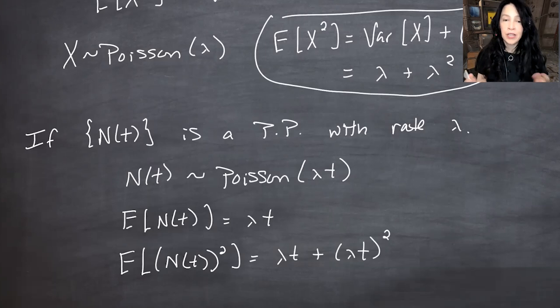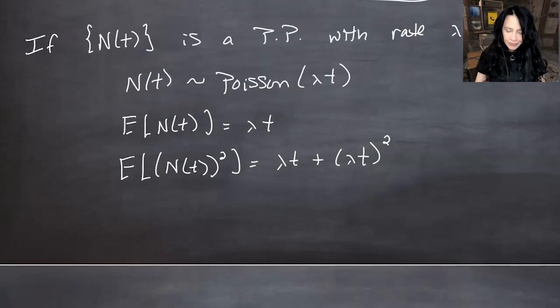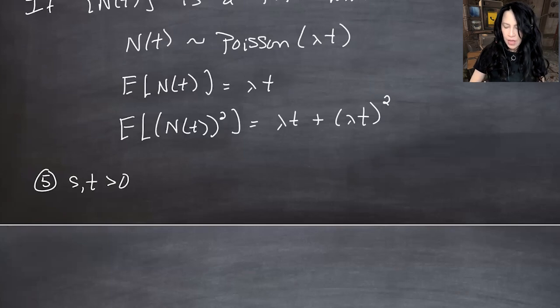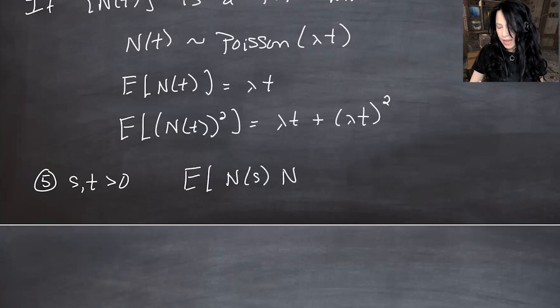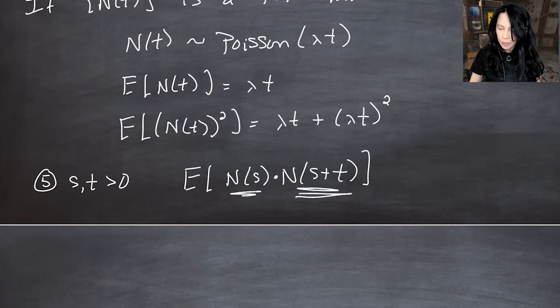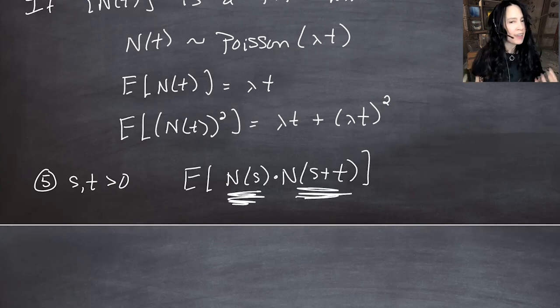And how could this potentially help you in the homework? In problem 5 on the homework, you are given an s and a t greater than 0, and you want to look at the expected value of N(s+t) and N(s) multiplied together. And these two random variables are really, really dependent. The number of arrivals at time s plus t includes the number of arrivals by time s and then whatever else came in.